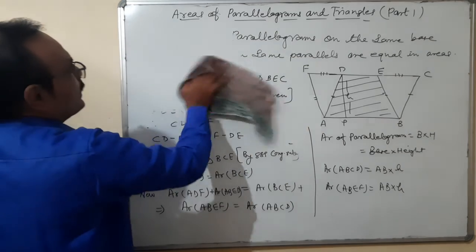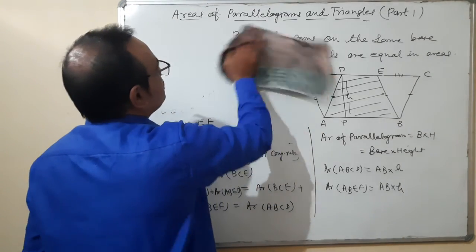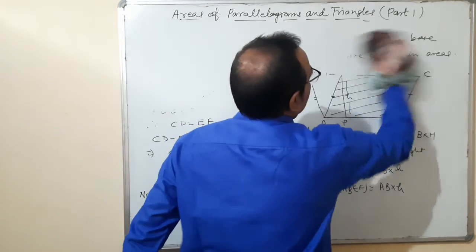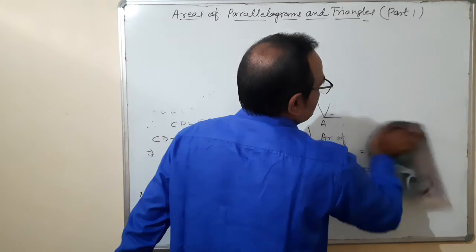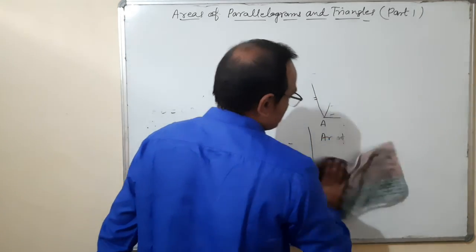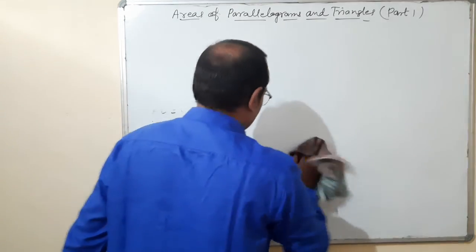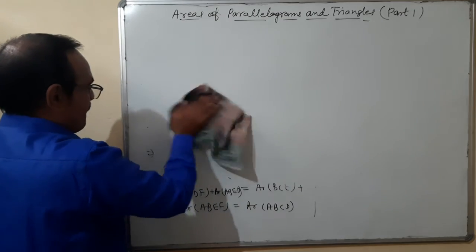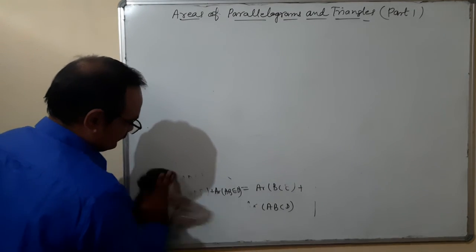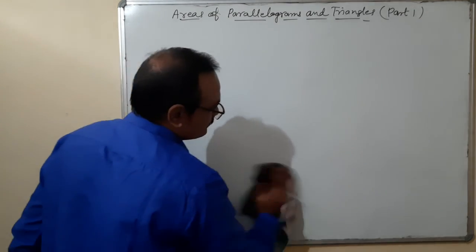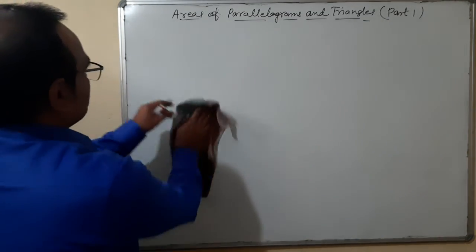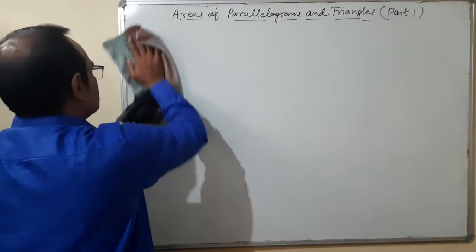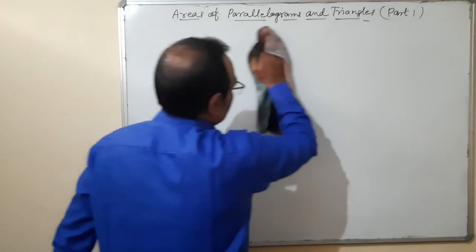One more question I am taking here, that is not a theorem, but it is a question. Its result will be used in most of the questions when we solve in the coming exercise 9.2. You will remember this as a theorem. What is it?